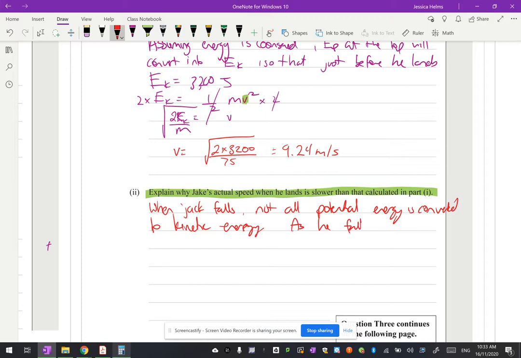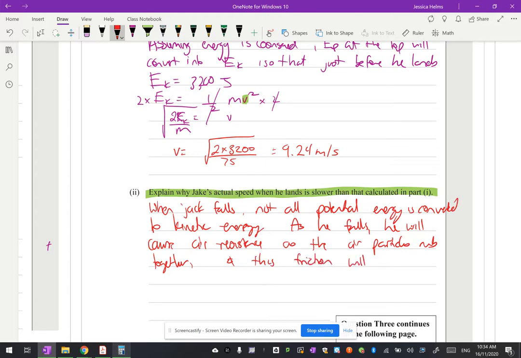As he falls, he will cause air resistance as the air particles rub together, and this friction will allow for some energy to be lost to sound and heat energy.